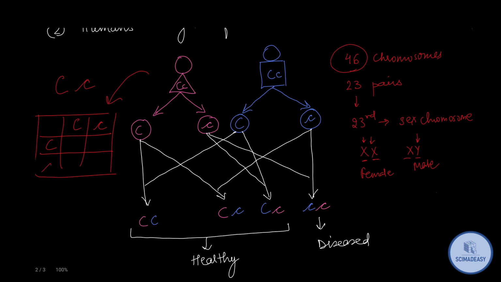So when you have this combination, you can get a 25% chance of having diseased children, while you will have a 75% chance of having healthy children, out of which 50% could be carriers.